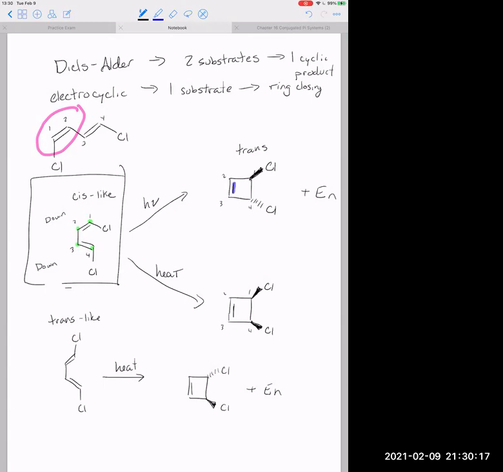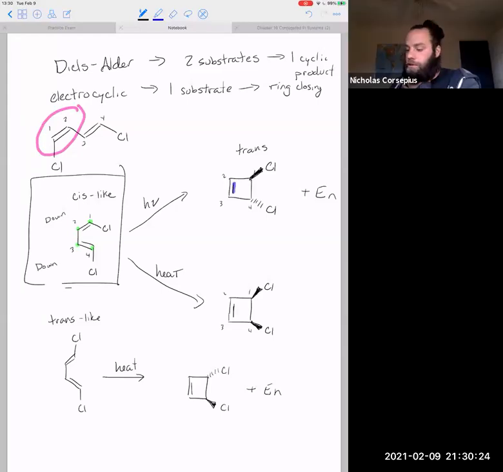And so for light, they'll be pointing the same direction. Correct. It would be the inversion. Right, here was the inversion. Here was no change.